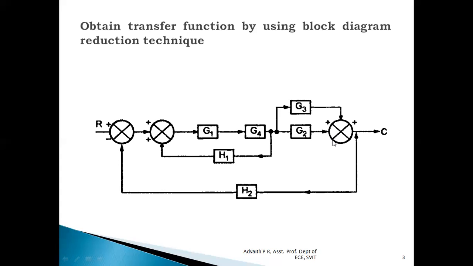Clearly, by observing this block diagram, we can conclude that block G1 and block G4 are connected in series. When two blocks are connected in series, the equivalent transfer function will be the multiplication of the transfer function of each block, that is, G1 multiplied by G4.